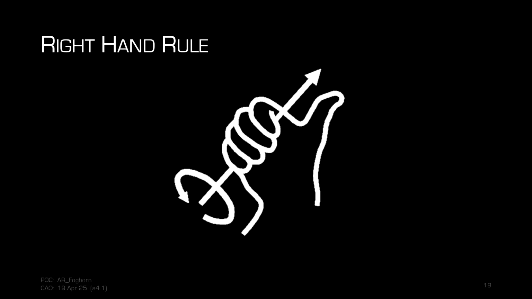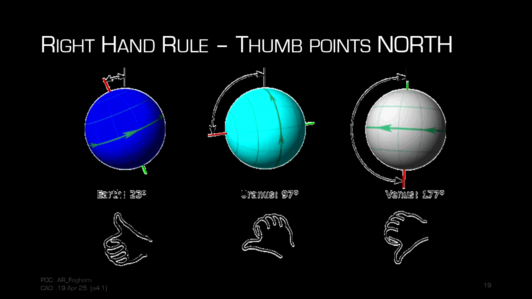If you were a giant and your hand was touching the surface of the planet, the friction would be going from your wrist towards your fingers. Just let your thumb stick straight up. Which pole that thumb is pointing at is the one that would be north.